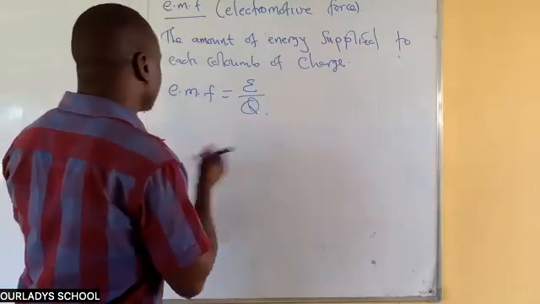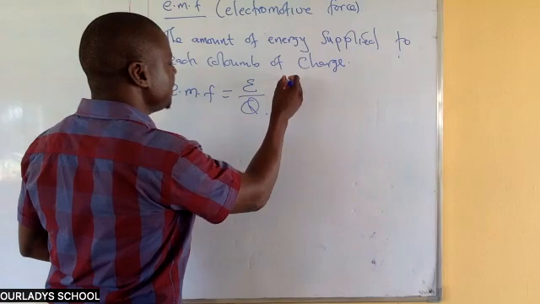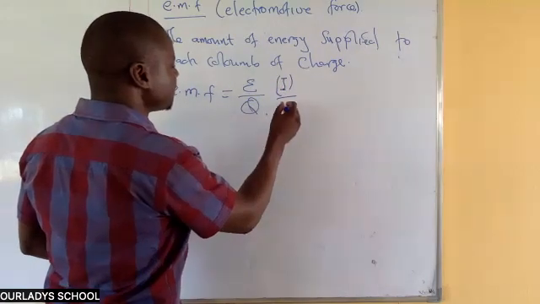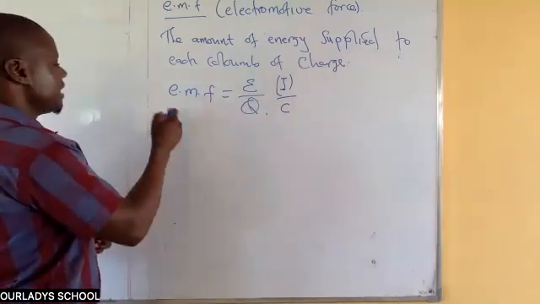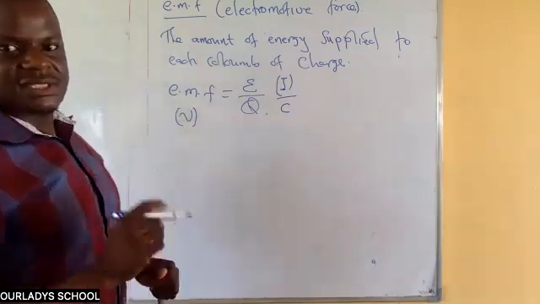Now, you also have to take note that this energy we are talking about is measured in joules. The charge is measured in coulombs, and the EMF is measured in volts.